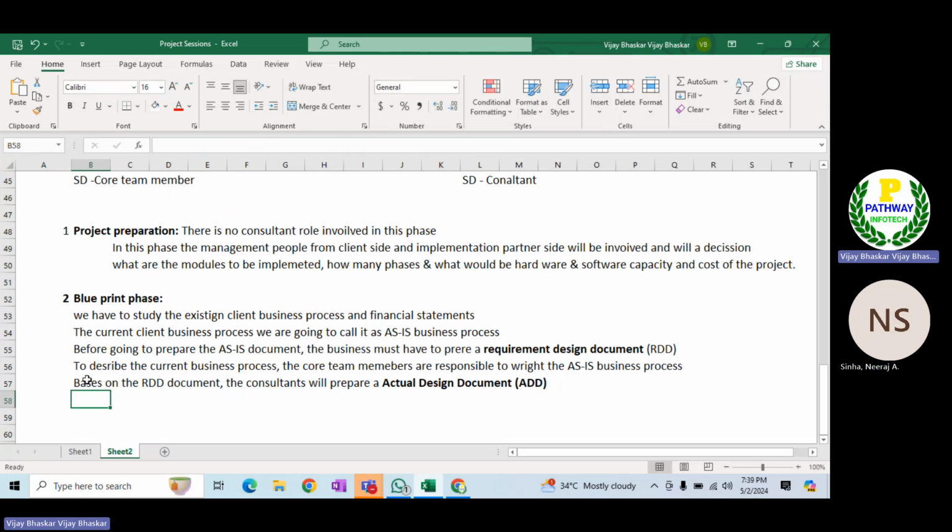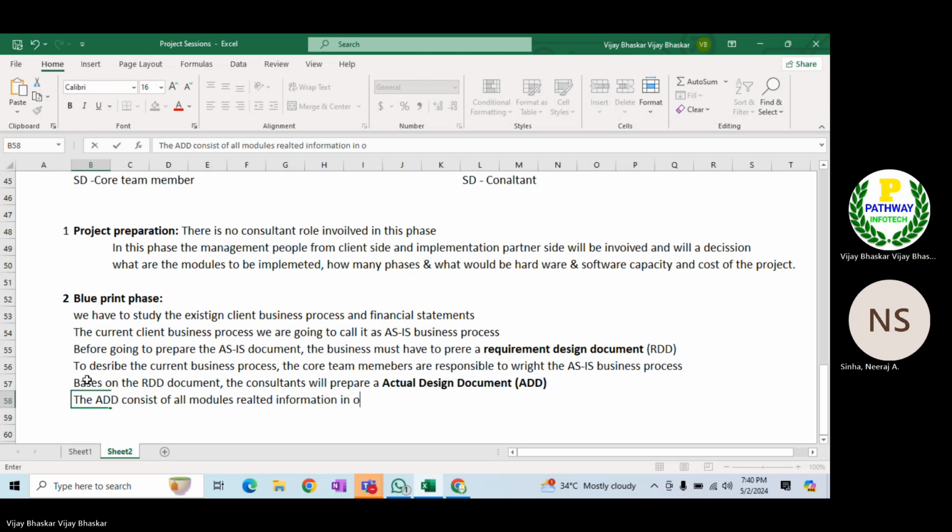Remember, the ADD consists of all modules related information in one document, section wise.